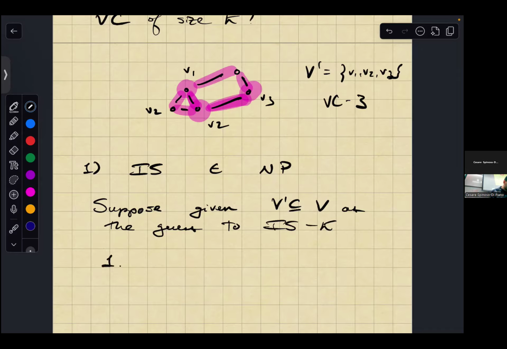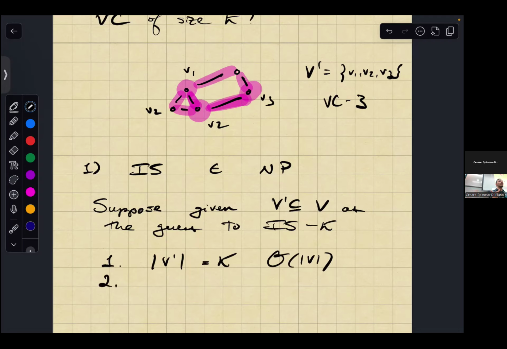Well, I first check that it actually has size K. I just count the number of vertices in the set. This is definitely going to be polynomial, so linear, actually. Counting how many items I have in a list is linear.